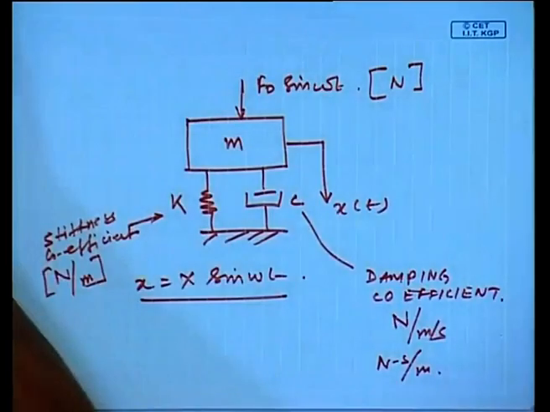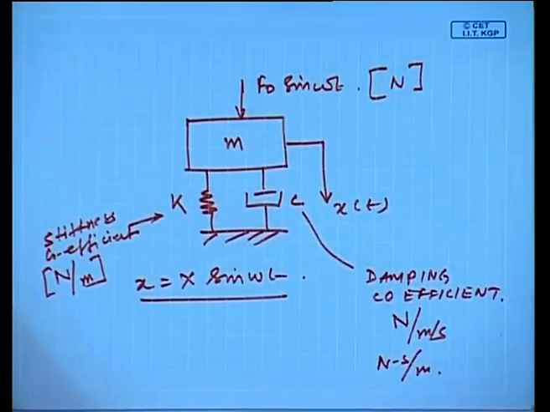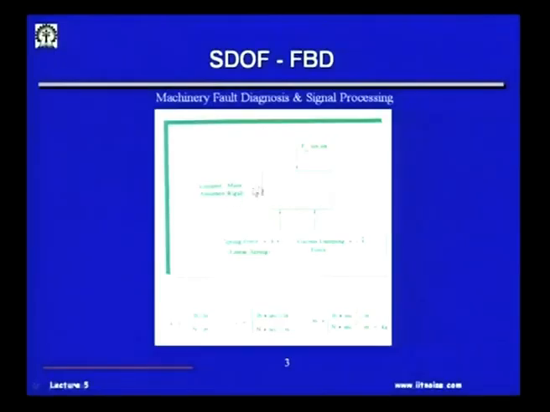So, the way this equation of motion is derived is, if there is a lumped mass given as m, and a forcing function F0 sin omega t, I will have a spring force which is a linear spring force proportional to the displacement, and a viscous damping force proportional to the velocity.